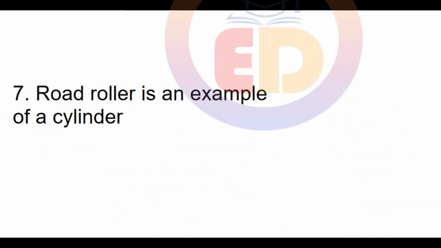Next question says the road roller is an example of a cylinder. Now if you look at a road roller, it is shaped like this. And yes, this is an example of a cylinder. So road roller is an example of a cylinder. This sentence is true.